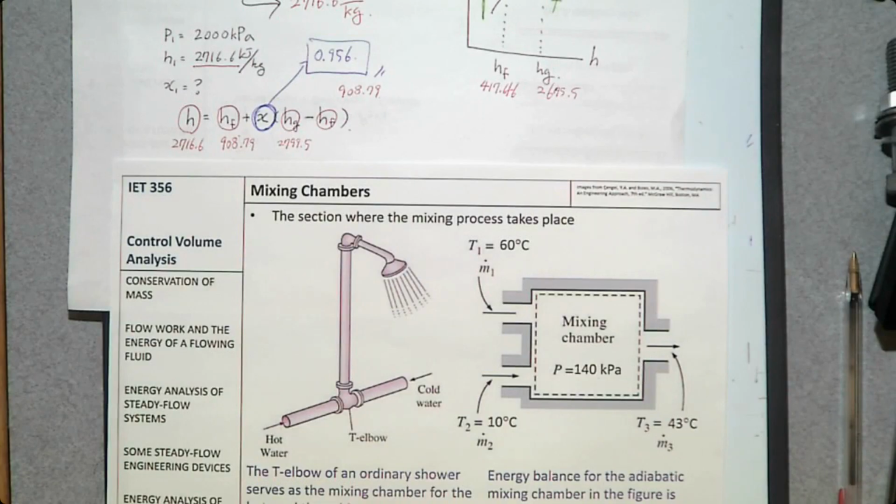What happens is that there's a mixing between two fluids, so each of them may be at different pressure and different temperature, so whose specific enthalpy h is going to be different. By solving this mixing chamber, we can learn how to determine mixture enthalpy. So let's do that.